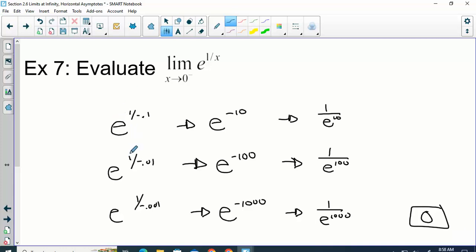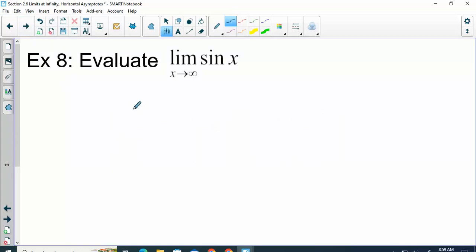Let's do, if I ask for the limit as we approach infinity of sine x, what's the graph of sine look like? A wave.